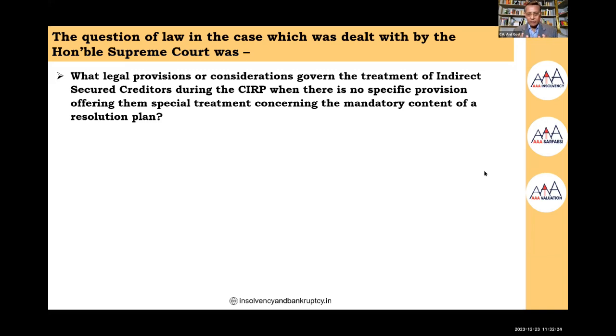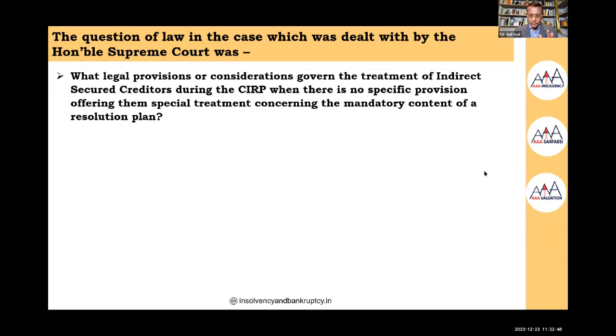However, the committee of creditors may consider the priority under Section 53 and also the priority of charges and the value of security interest while allocating proceeds of the resolution plan to the claimants.